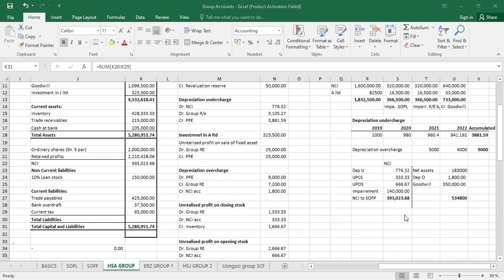So retained earnings. Obviously we start with these ones. Balance brought forward, not balance brought forward, sorry. So shift tab, parent retained earnings.